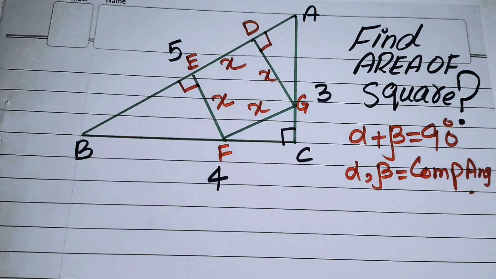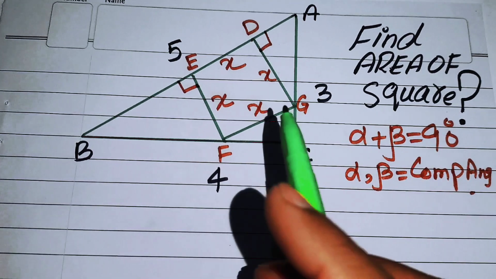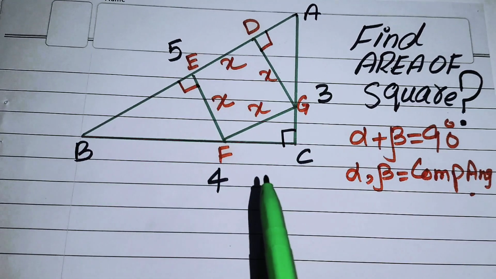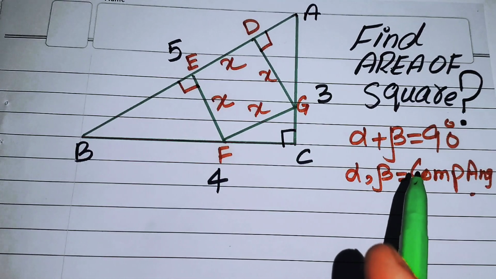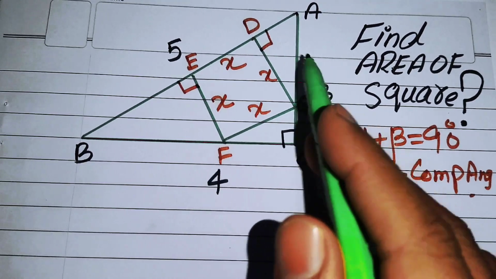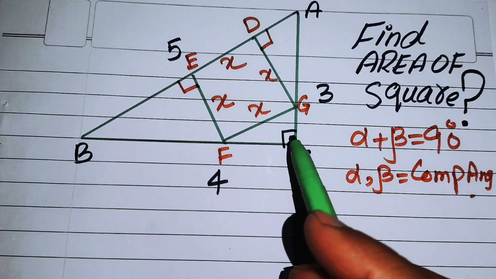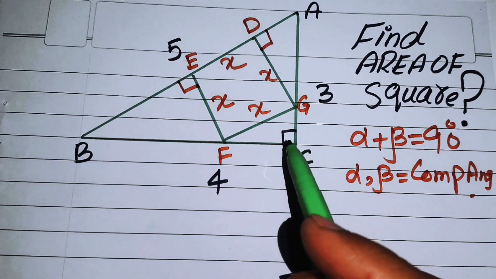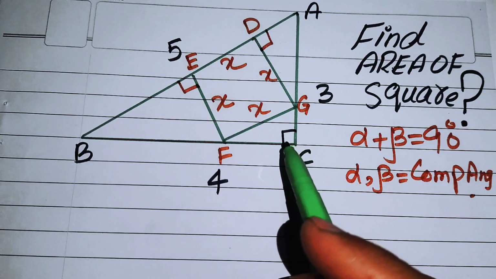After describing the definition of similar triangles, first we focus on triangle ABC, and we apply the definition of complementary angles. Here you see that in triangle ABC this angle is 90, and the sum of the angles in a triangle is 180 degrees.